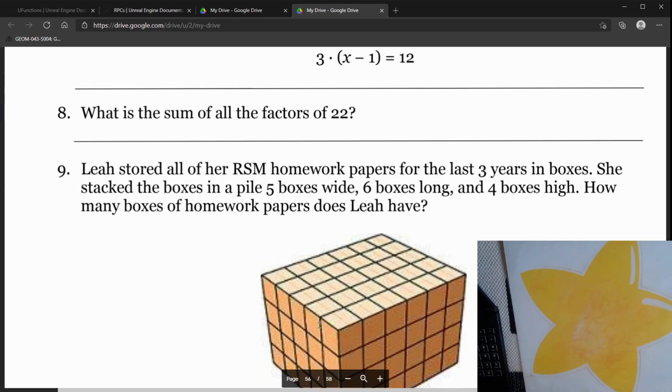Okay. So let's calculate. So first, the height is 4 boxes high, so 4. And then the width says 5 boxes. And then the long is 6. And then you get this.